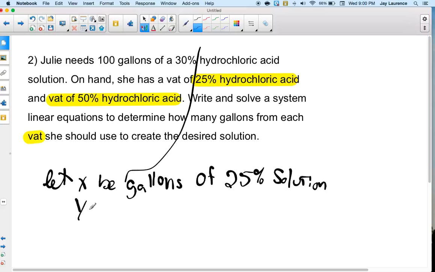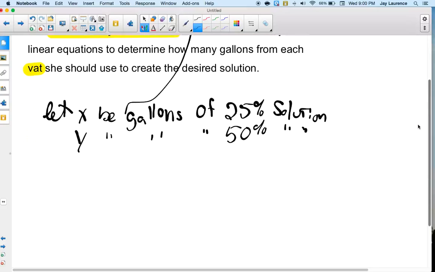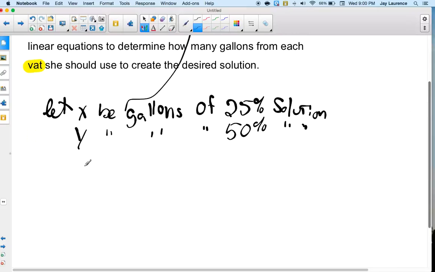And then Y is going to be the gallons of 50% solution, or acid. Okay. Now I'm told I have 100 gallons. See it right there? So I'm going to write my first equation. I'm going to write X plus Y equals 100. Okay? Just like in the coin problem.